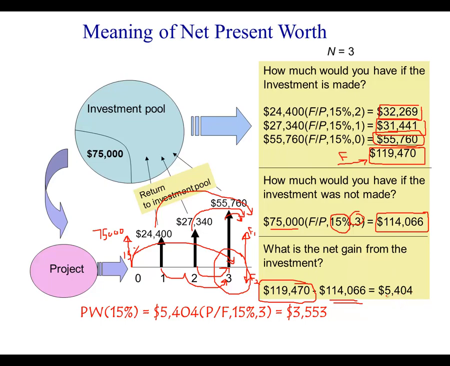And if you bring that $5,000 to the present value, to find the present worth of that at 15%, it will equal $3,553, which means it's positive, and that is confirmation to accept the project.